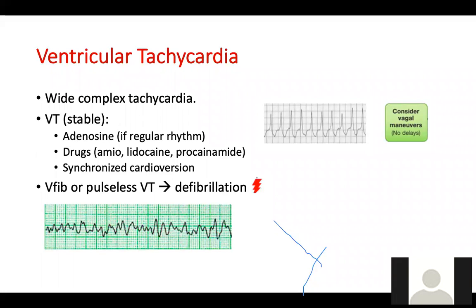If a patient is in irregular wide complex tachycardia, why is it dangerous to give adenosine for that patient? Because it will produce AV block, heart block, and increase the arrhythmia, giving a chance to the abnormal pathway.